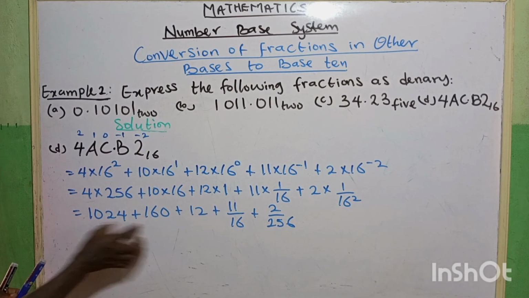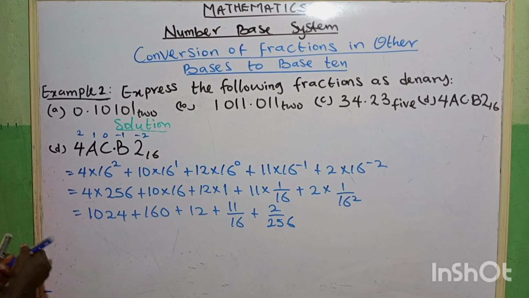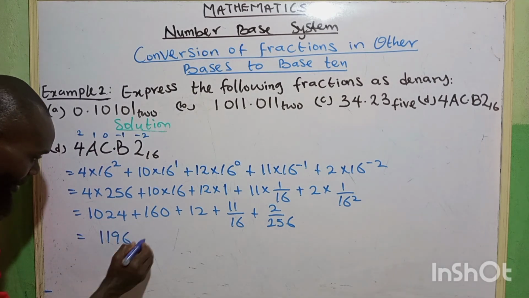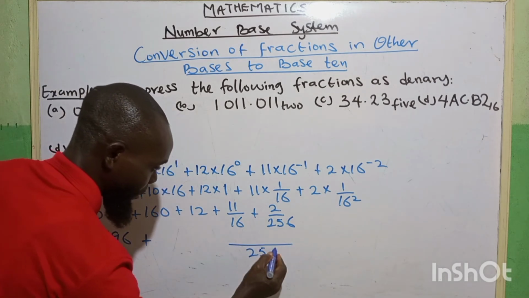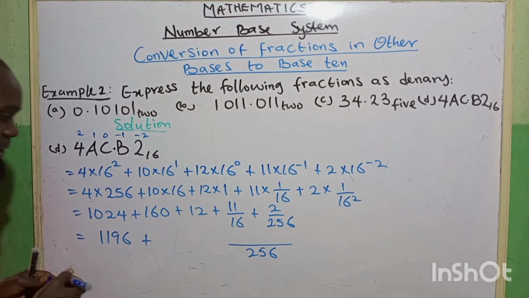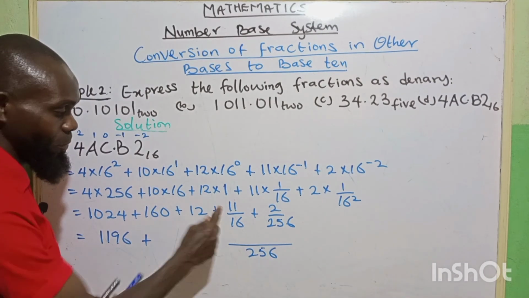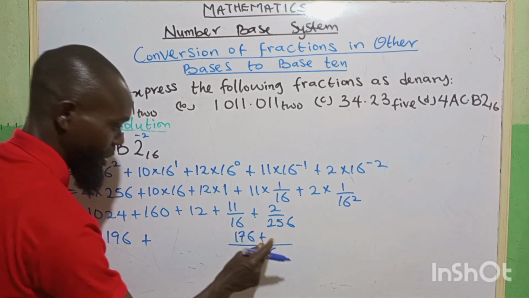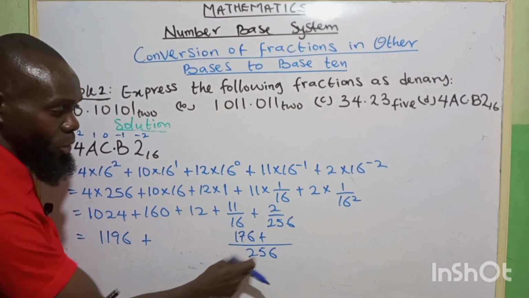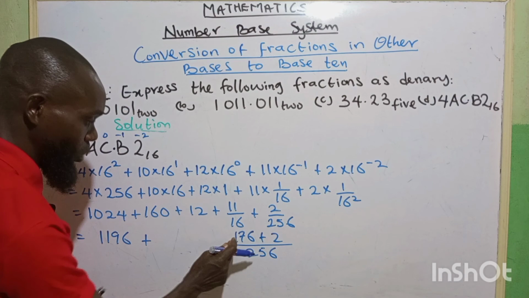When you add this and this together, we have 1196 plus, so we find the LCM here to be 256. 16 goes in 256, that is 16 times. Multiplied by 11, we have 176, plus 256 goes in 256, we have 1. 1 times 2, we have 2. So we add it together.